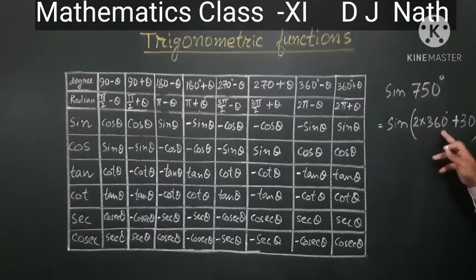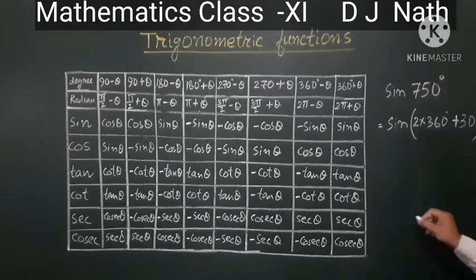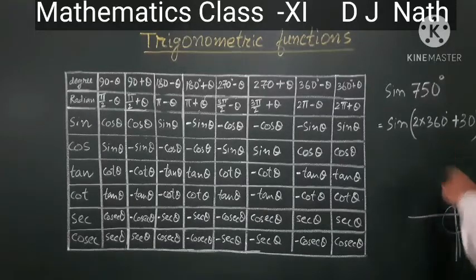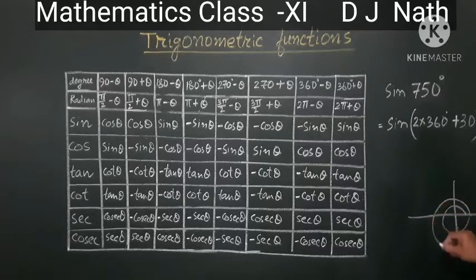One time when we rotate, it is 360. So here 2 into 360 means two rotations, which is 720, and then 30 degrees. So that angle is 750 degrees.